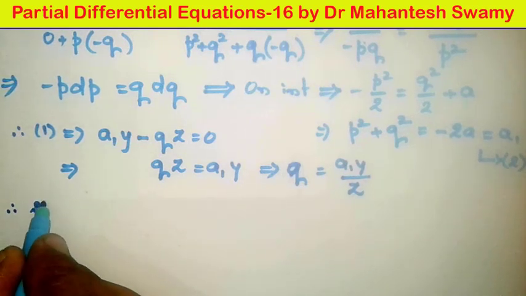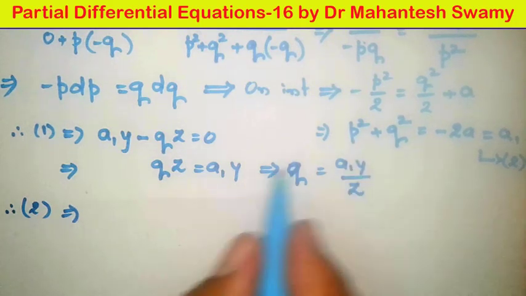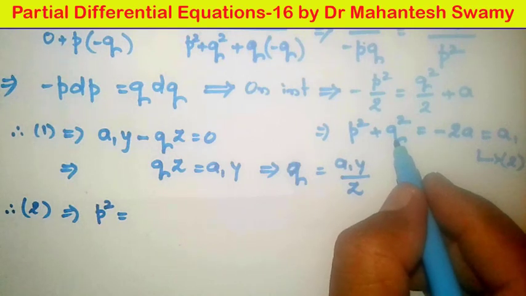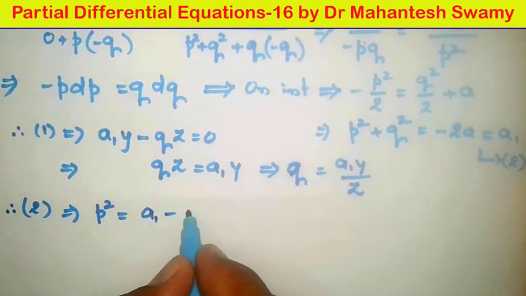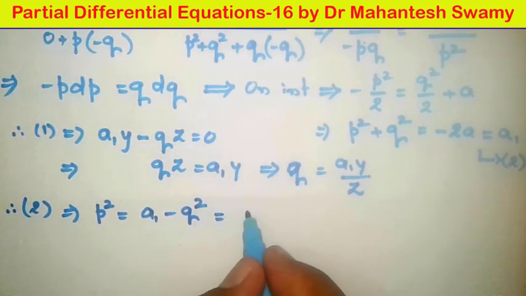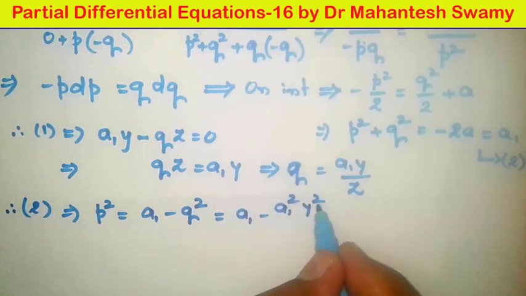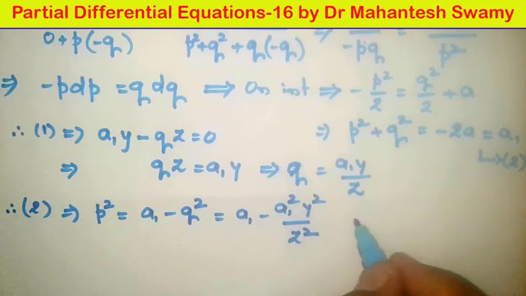Therefore equation number 2 implies what we want. We want the value of p square. P square equals to a1 minus q square, and the value of q square is available here, that is a1 minus a1 square y square divided by z square. This is the value of q square we have written over here.